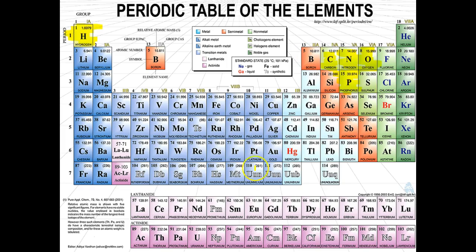All of the elements in here are always important in trace amounts. Sodium and potassium are really important too, but all of the organic molecules can be composed of pretty much just carbon, nitrogen, oxygen, phosphorus, and hydrogen. These are the most important ones. You're going to want to make sure you know that.